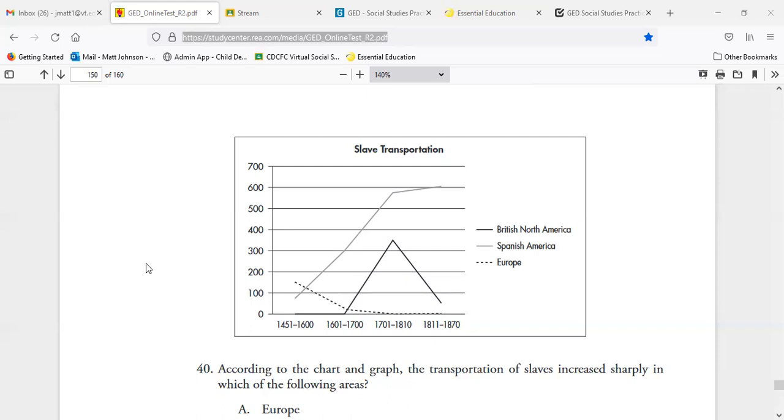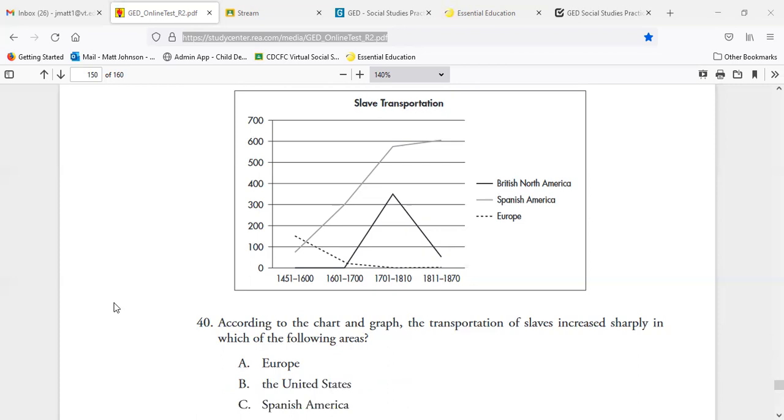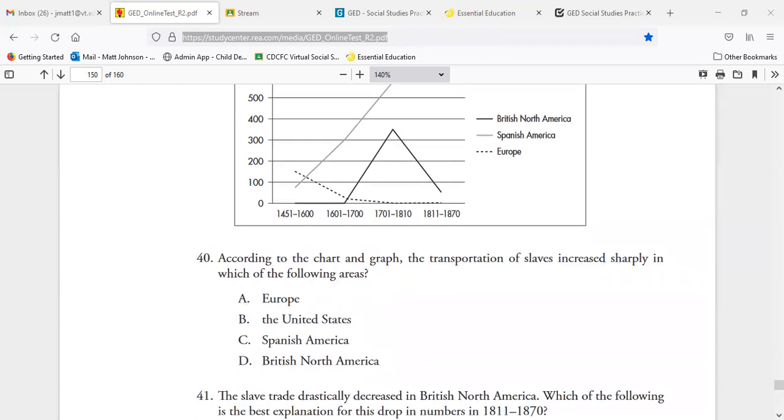Let's see, Devi, I'll go to you. According to the chart and graph, the transportation of slaves increased sharply in which of the following areas? A, Europe. B, Spanish America. Did you say Spanish America? Yes, right. We could see it grew sharply.